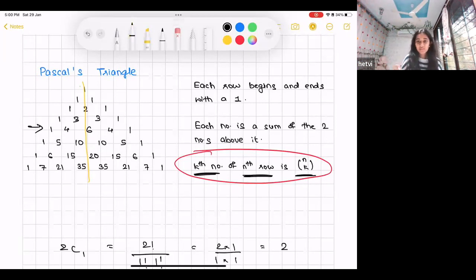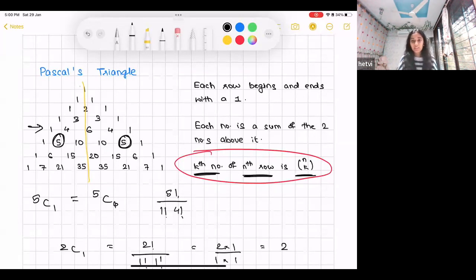So this is what Anushka and Urvi were both saying. Let's see 5, for example. 5 on this side is 5 choose 1, whereas 5 on this side is 5 choose 4, and they are equal. Why? Let's simplify. 5C1 will be 5 factorial upon 1 factorial and 4 factorial, because 5 minus 1.